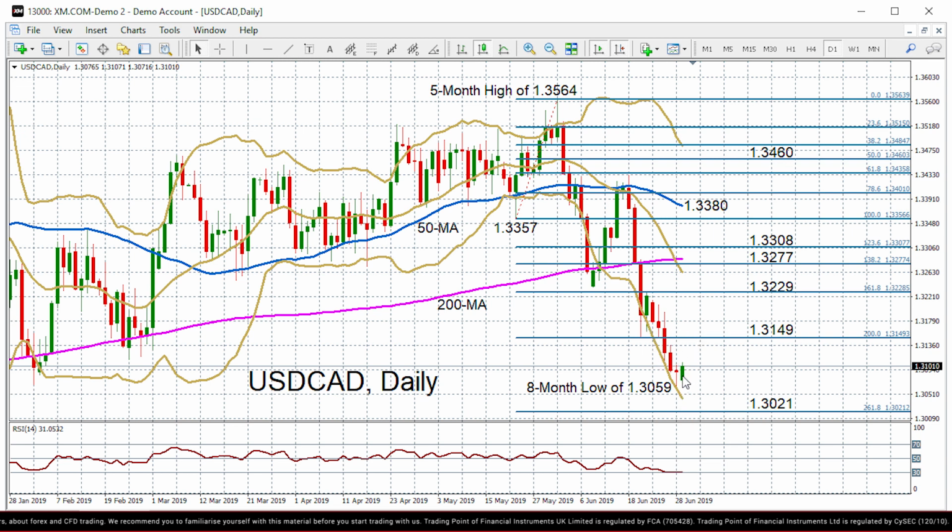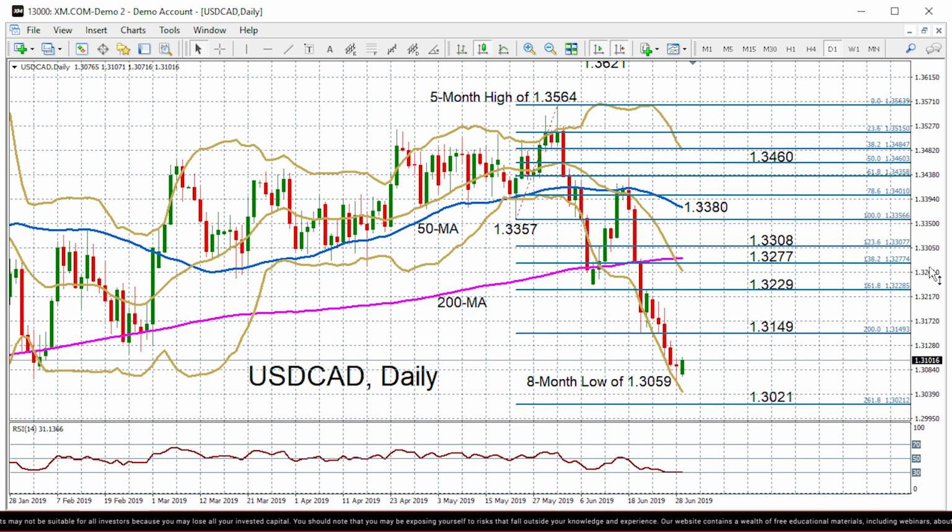There is a little bit of positive momentum today, but if we do see further declines, price action is not too far away from the lower Bollinger Band, which is at the moment around 1.3044. So that's the nearest support, and then not too far below is the 261.8% Fibonacci extension of the uplift from 1.3357 to 1.3564. So that's around 1.3021.